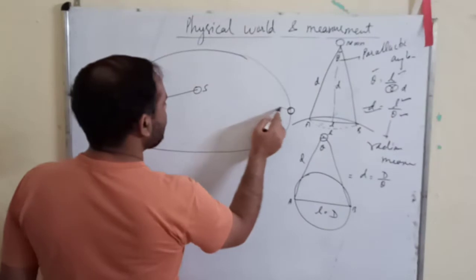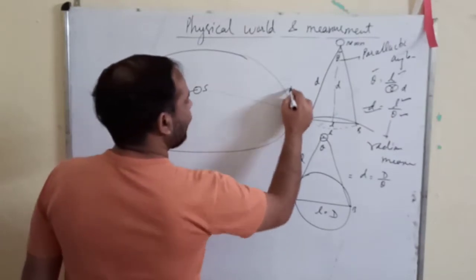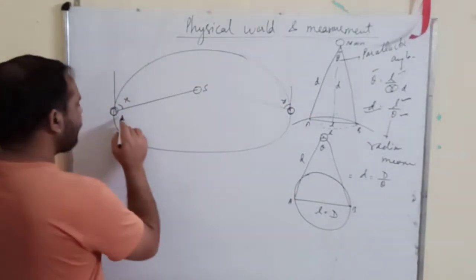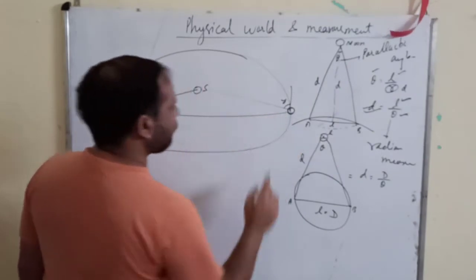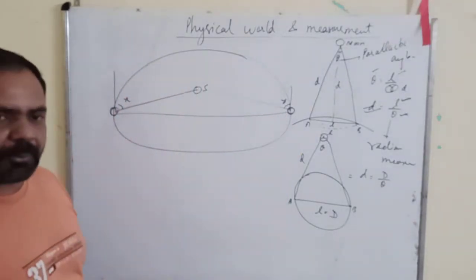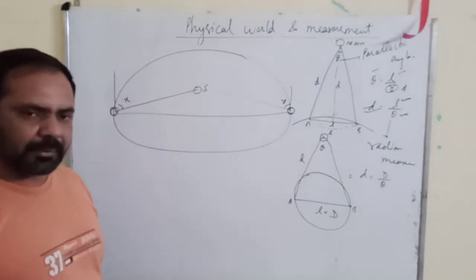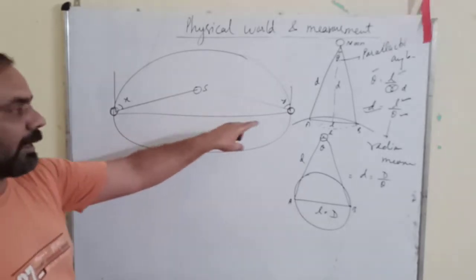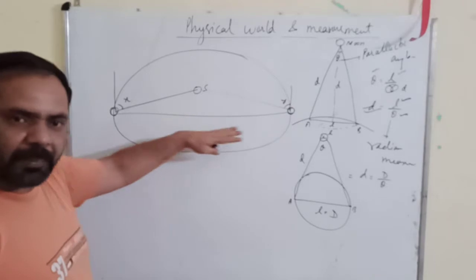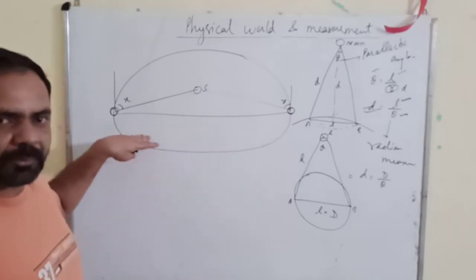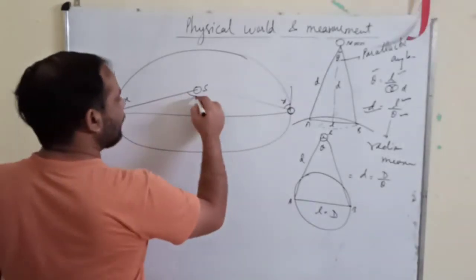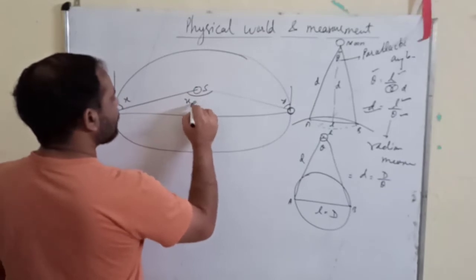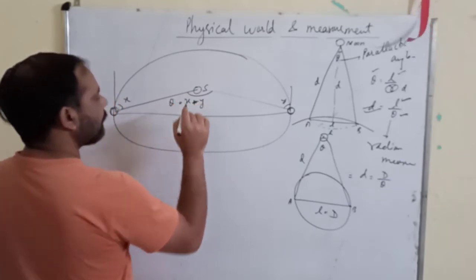So after 6 months, you again have a look at the sun and measure the angle y. Now this length, which is equal to the diameter of earth's orbit, is your L. It is sufficiently large now. And this theta can be measured as x plus y.